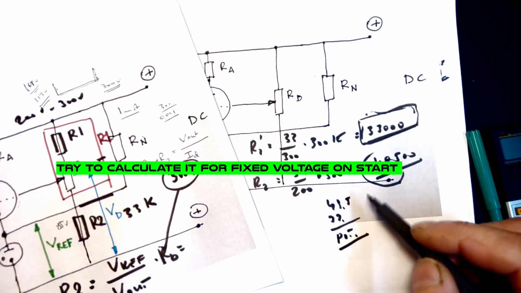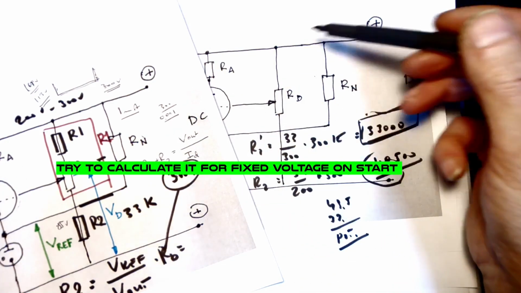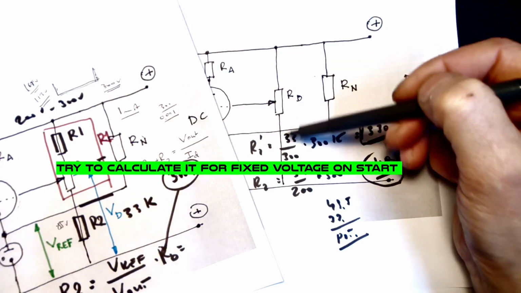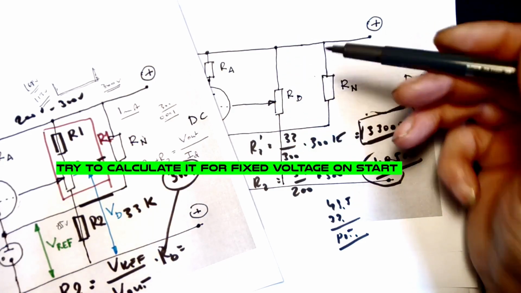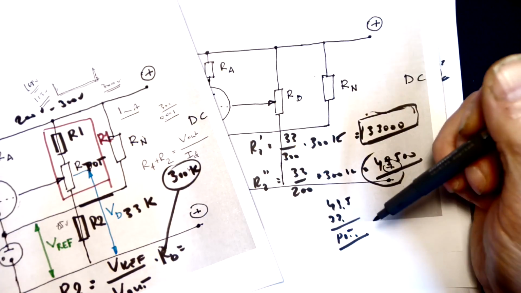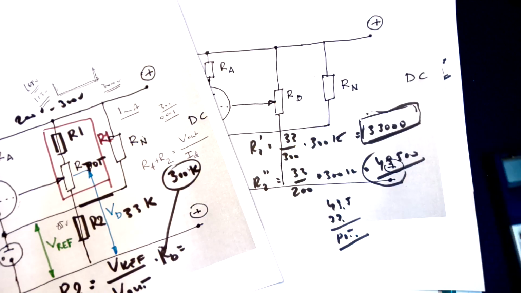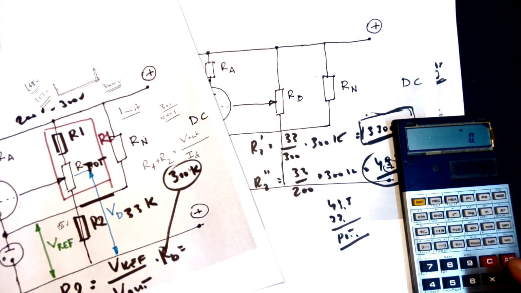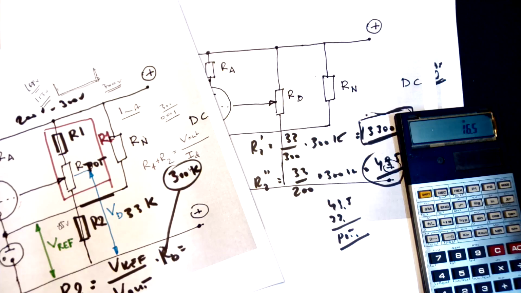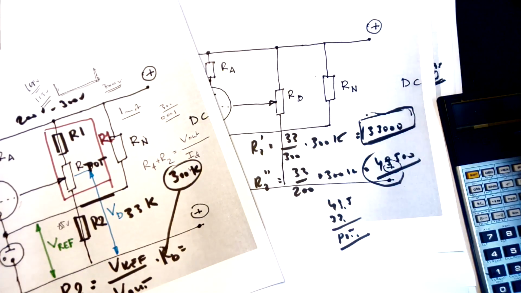The problem is, of course, not only changing the current when we change the output voltage, but also the components which we can get. Because right now our trim pot, it's not a trim pot, should have something like 16.5. I don't think we can buy a 16.5 potentiometer. We can buy 20, 25, something like that.